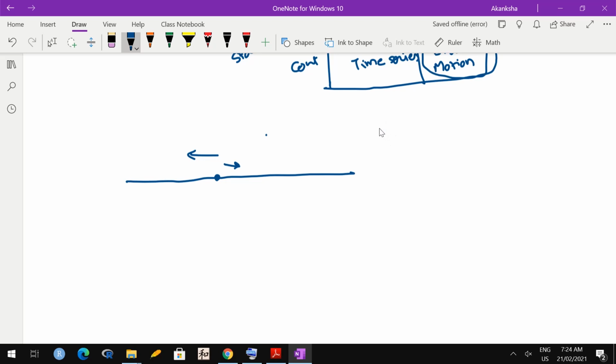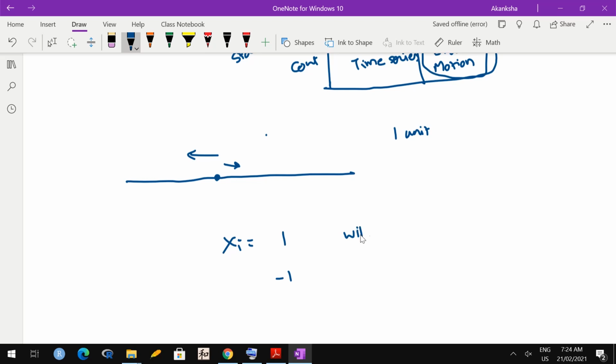So random walk we are going to consider as, of course, discrete time, discrete state space. So we will say after each 1 unit of time, it moves 1 unit in either right side or left side direction. Okay. So we basically have variables xi which denote the movement. So xi is either +1 or -1. +1 if the movement is on the right side, -1 if movement is on the left side.